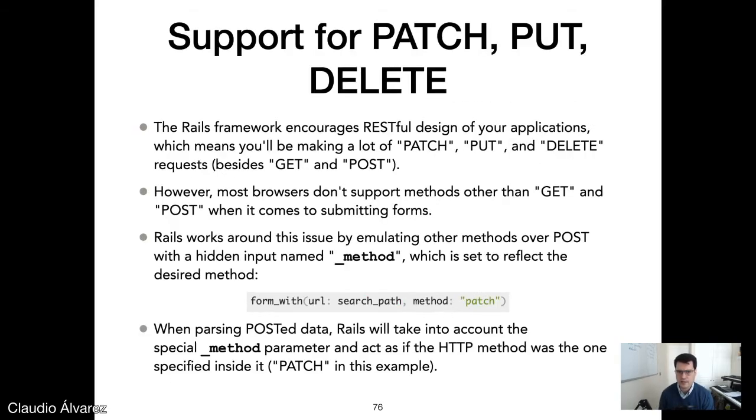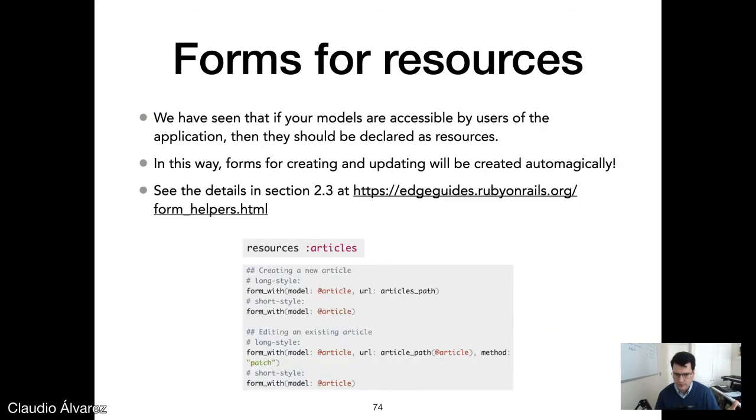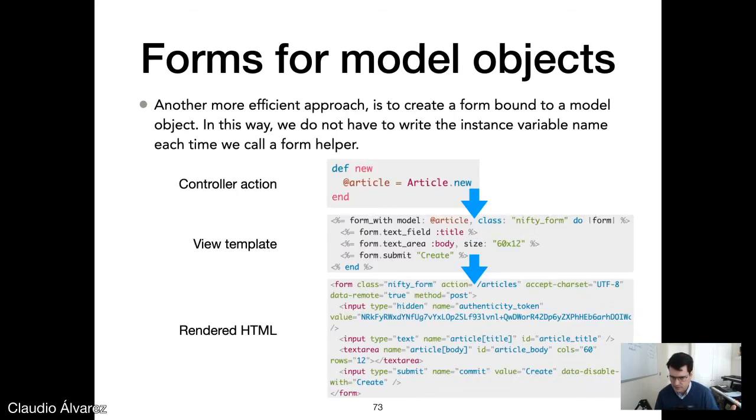Okay, so normally in web browsers, support for patch and put is not available. Web browsers will only support get and post as HTTP methods. So patch, put, and delete are just simulated. And what happens is that the form, let's see if we've got an example here.